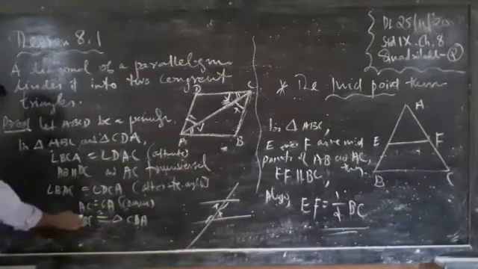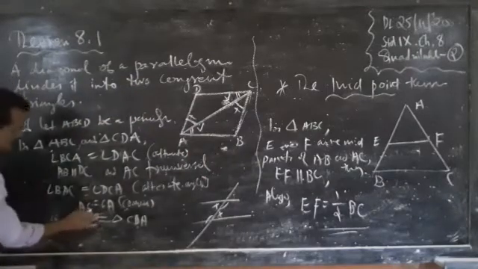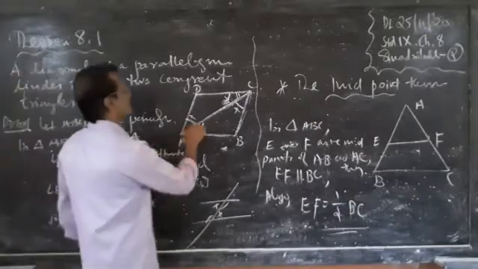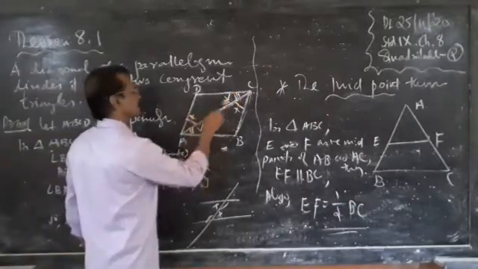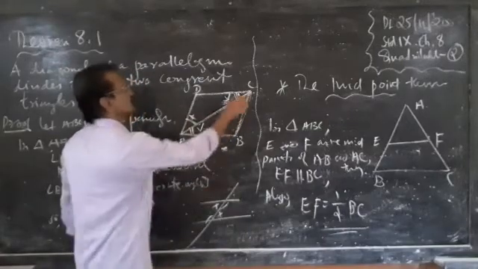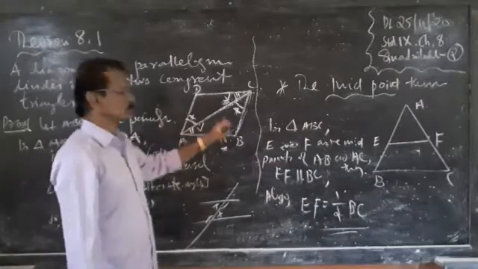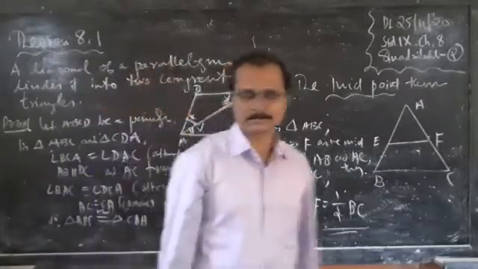So you can say triangle ABC is congruent to triangle CDA. These two angles are congruent, and this angle is congruent, and these two sides, AC and CA, are equal. So you can say these two triangles are congruent.